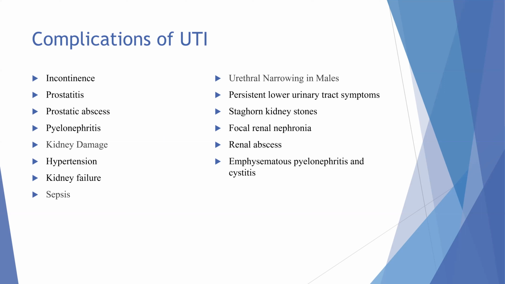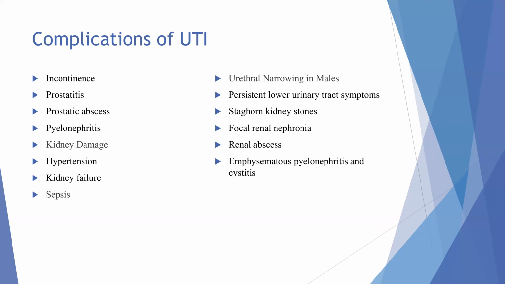Also, in cases of pyelonephritis, you can have a focal renal nephronia, which is basically a collection of bacterial infection in a specific area of the kidney, nephritis, if you will. That's the halfway point between simple pyelonephritis and a renal abscess, which again is a collection of purulent liquid in a confined space.